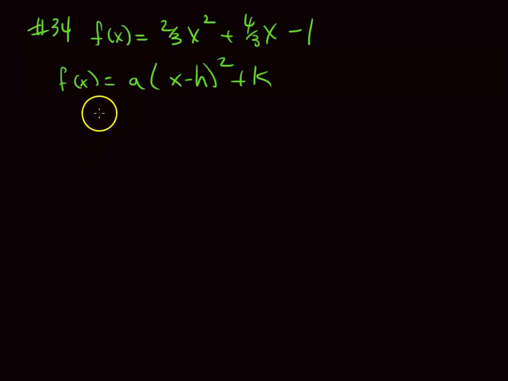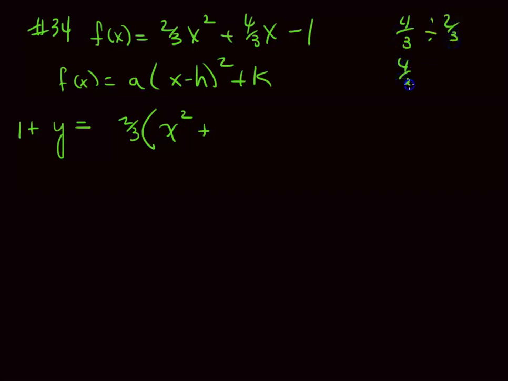So what do we do first? Well, I'm going to put the 1 on the other side, this negative 1. I'm going to factor out a 2/3, and then I'll just have x squared. But I've also got to take care of this. If I divide this by 2/3, what is 4/3 divided by 2/3?